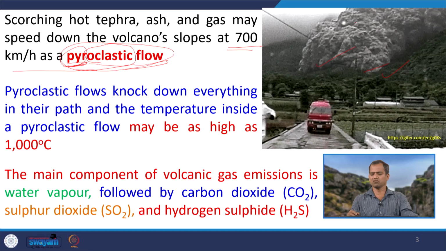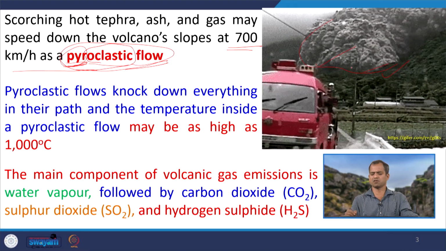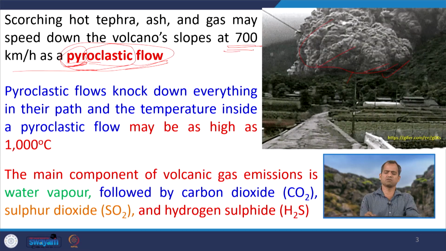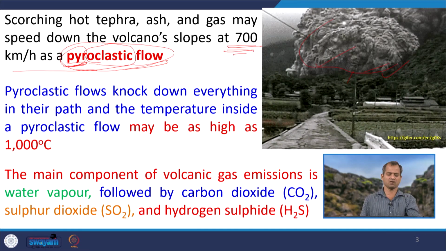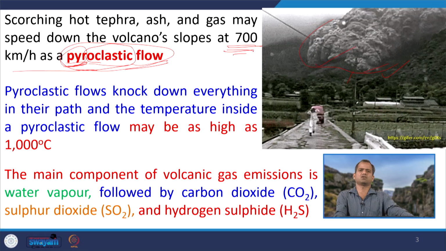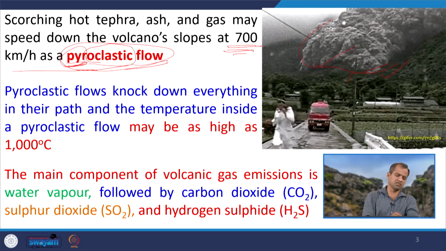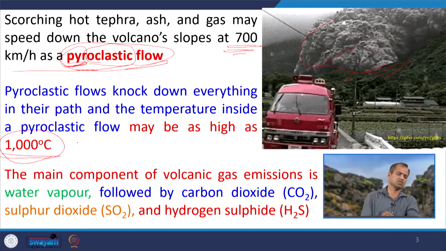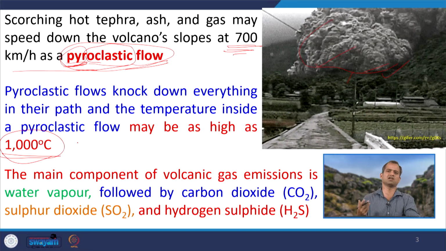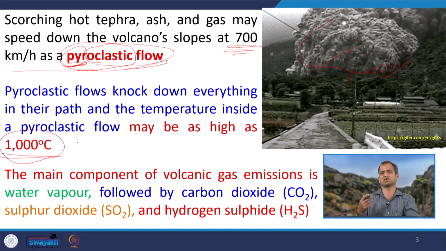You see how this ash or volcanic product comes down the slope of the volcano at around 700 kilometers per hour. Sometimes this pyroclastic material is so hot that its internal temperature may be around 1000 degrees Celsius. So imagine if something is trapped inside, there is no chance of survival.